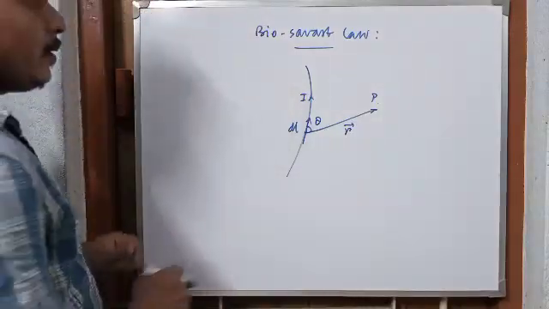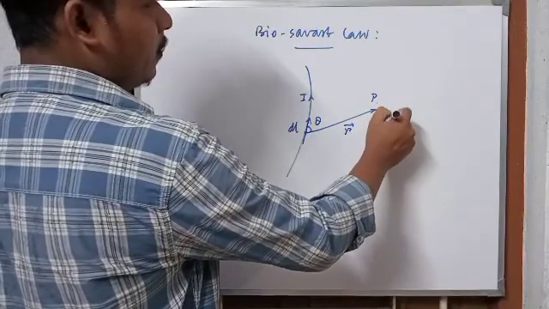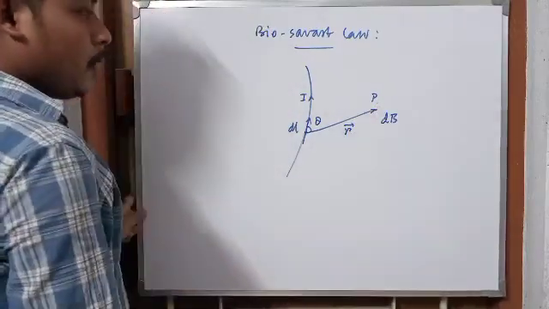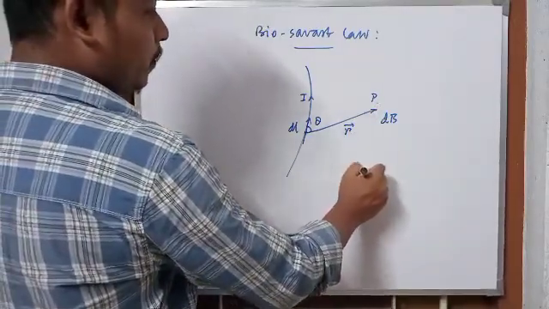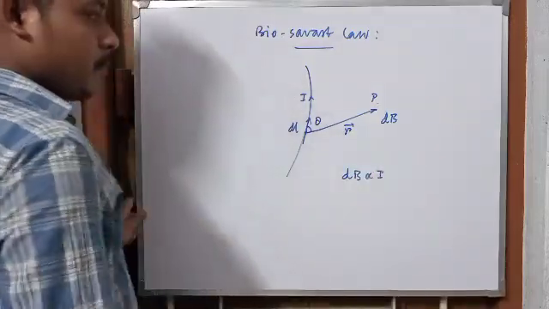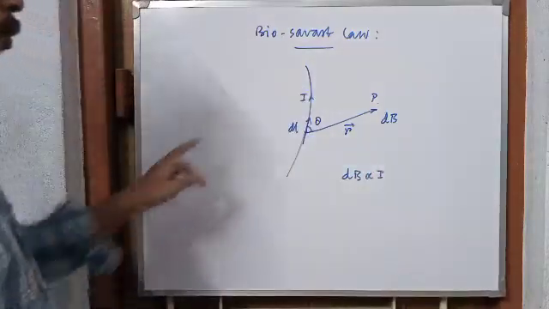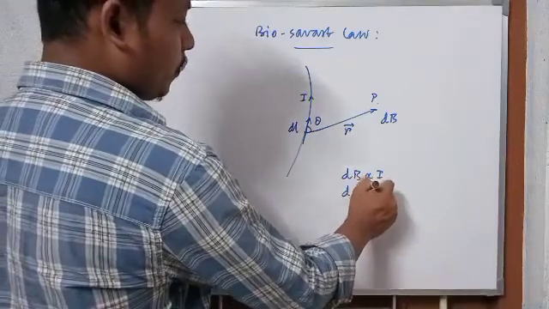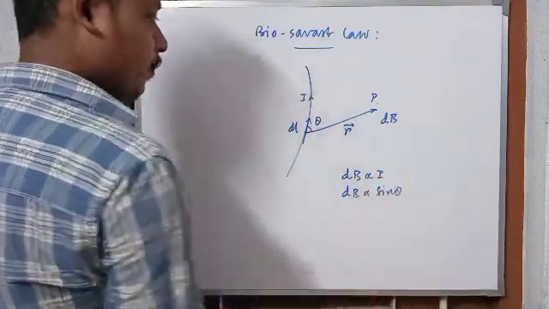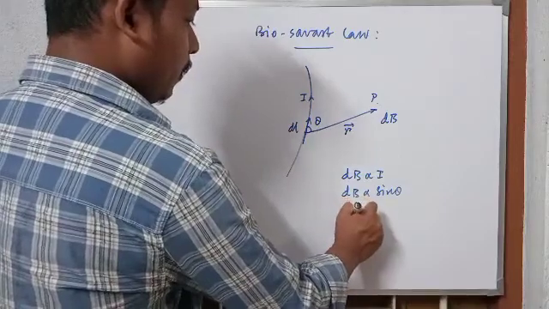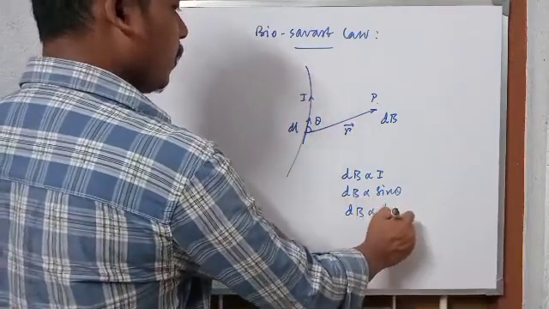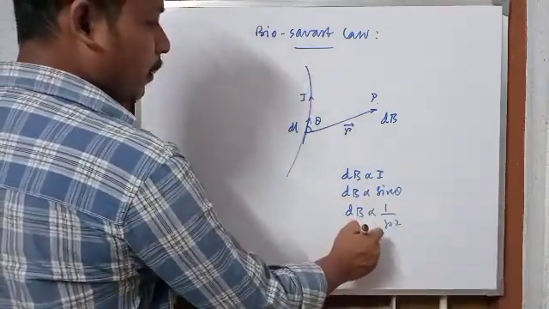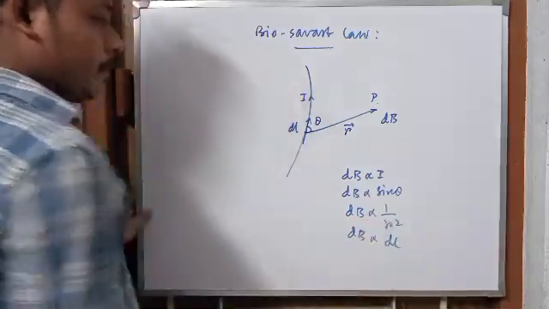Biot-Savart Law says that this magnetic field, let dB, will be proportional to the current flowing through the wire, dB proportional to sine theta, dB proportional to 1 by r square, and also dB proportional to dl.